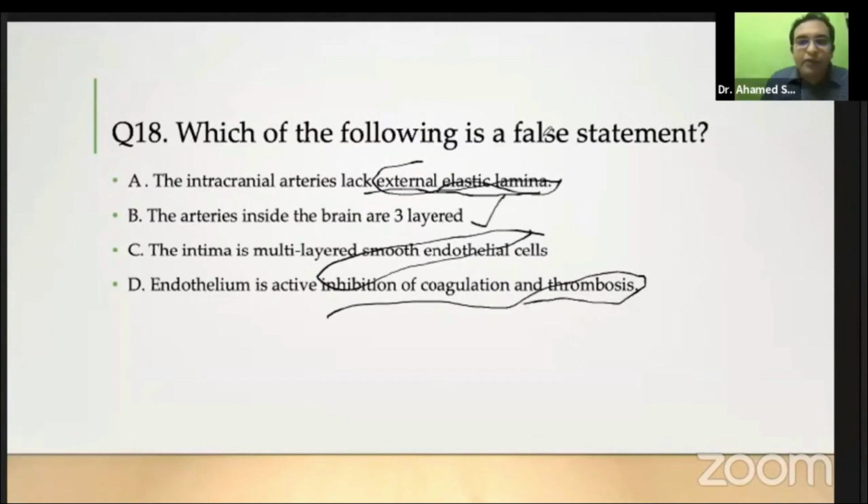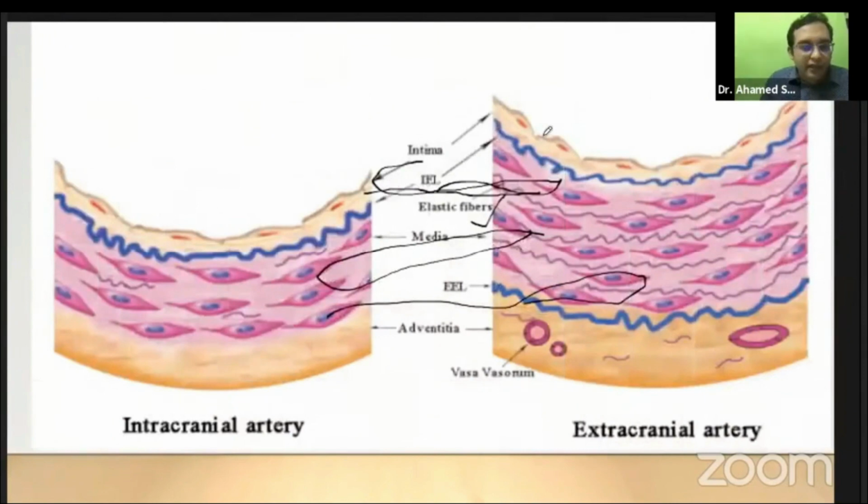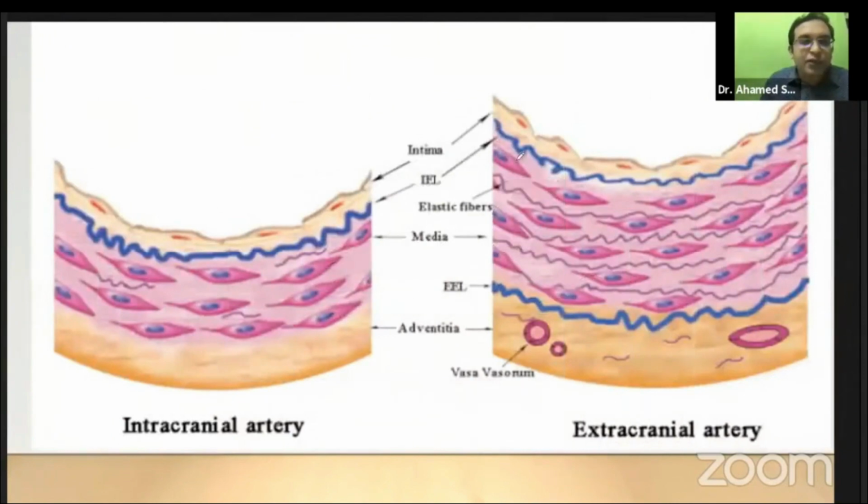So what is the importance of this question? I thought this question would be asked because the external elastic lamina is present only in the extracranial artery and absent in the intracranial artery. The importance is that this is one of the reasons why there are more intracranial aneurysms rather than extracranial aneurysms in patients.